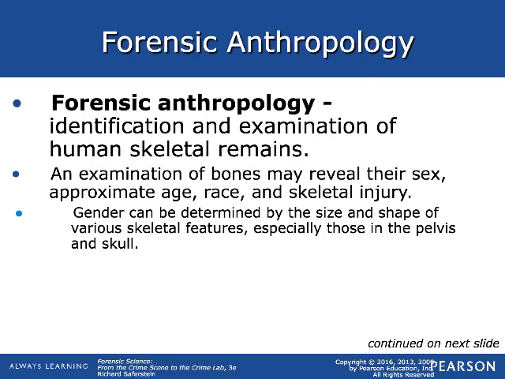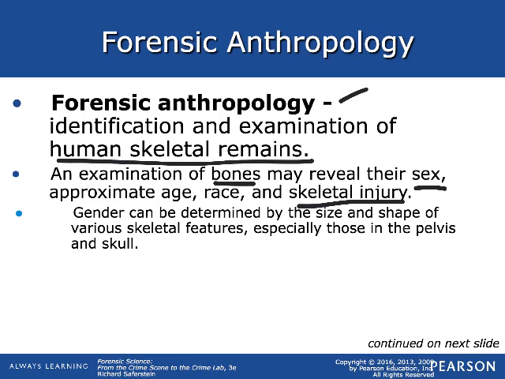Okay, now forensic anthropology is examining and identifying human skeletal remains. There are whole degrees in anthropology, and then probably classes or maybe some degrees in forensic anthropology. Okay, so we can look at bones, and from the bones and the shapes of the bones, we can determine gender, age, race, and whether there was skeletal injury.